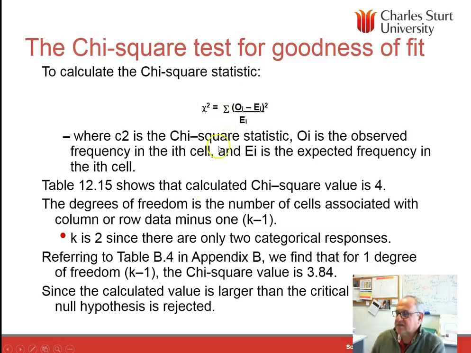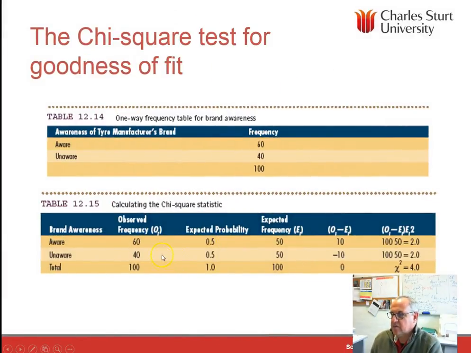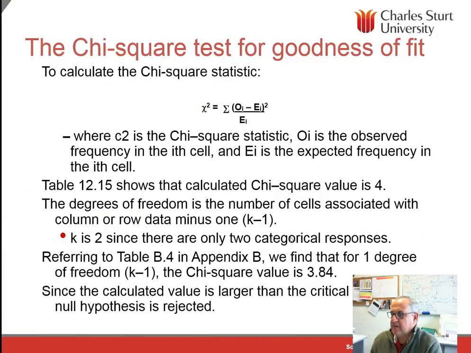Sum that up across all the cells, and that gives us the chi-squared statistic, which is 4. Degrees of freedom is the number of categories minus 1, so with 2 categories we have 1 degree of freedom, and the critical chi-square value is 3.84. If the statistic is larger than the critical value, the null hypothesis is rejected.